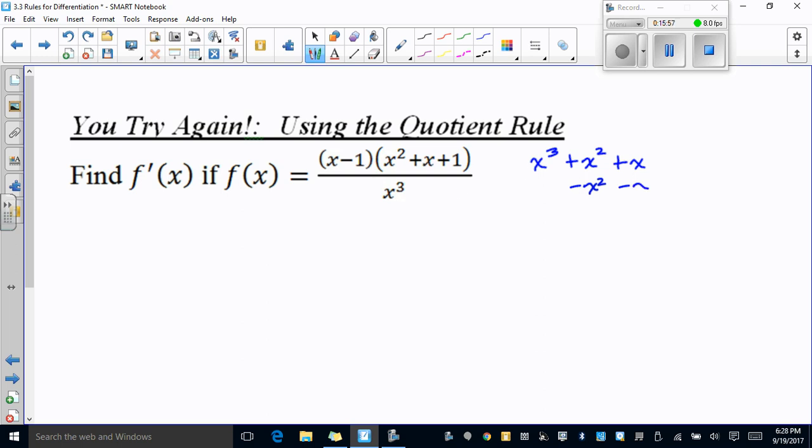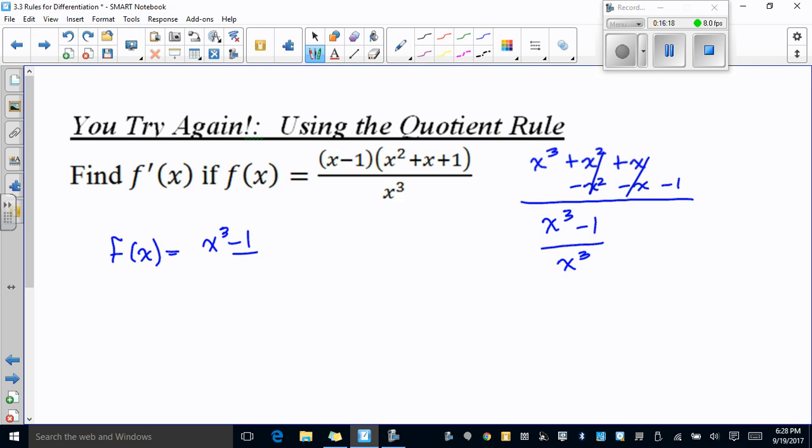And -1 and 1 is -1. And you guys can see that a lot is going to drop out here. Those drop out, left with a -1 over x cubed. So f of x is equal to x cubed minus 1 over x cubed.